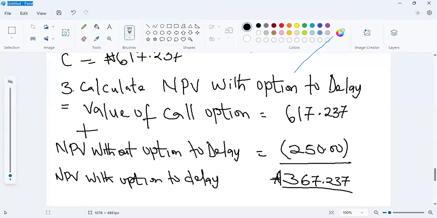Hence, the company should delay the commencement of the project for 1 year, so as to reduce the level of risk and improve the project profitability.